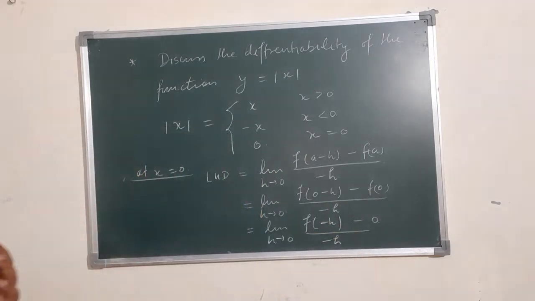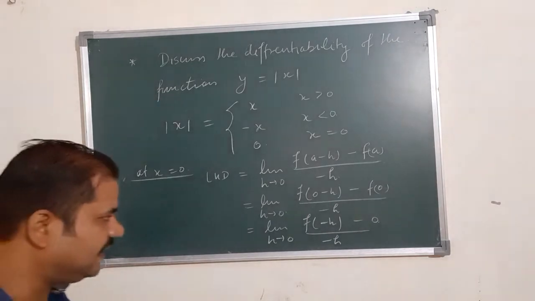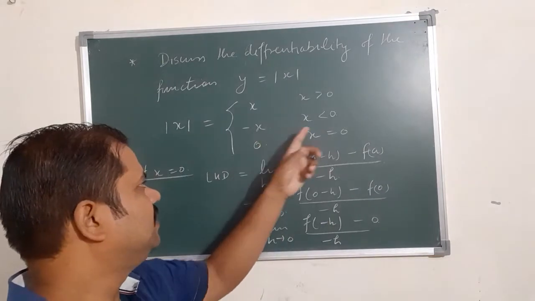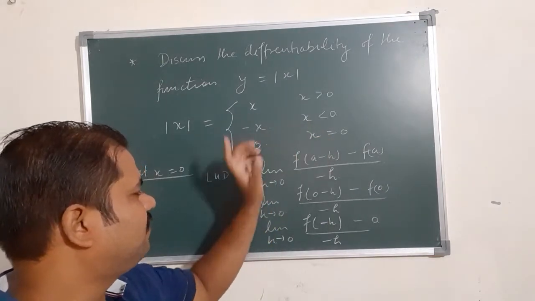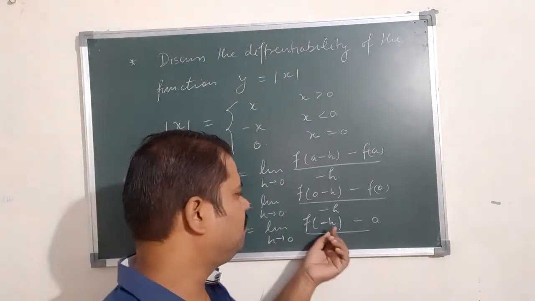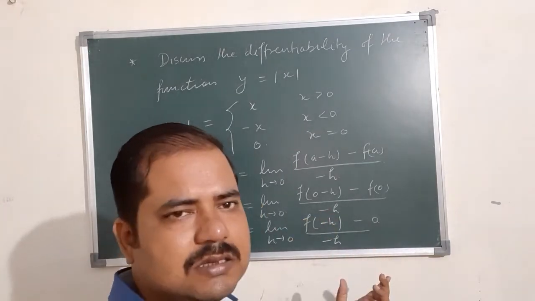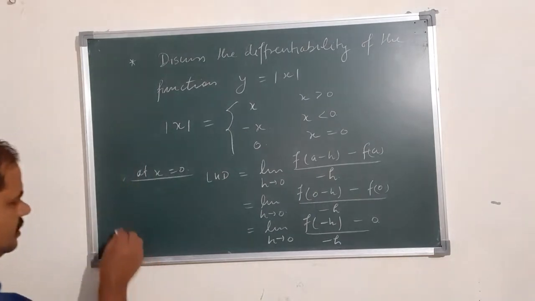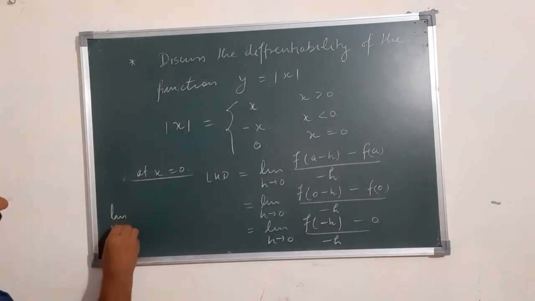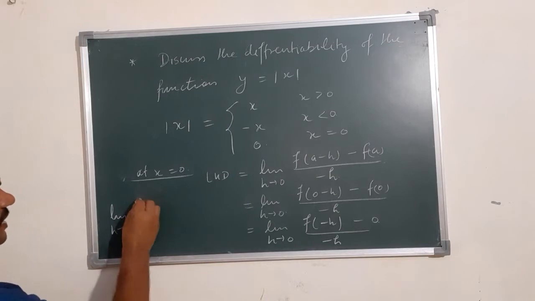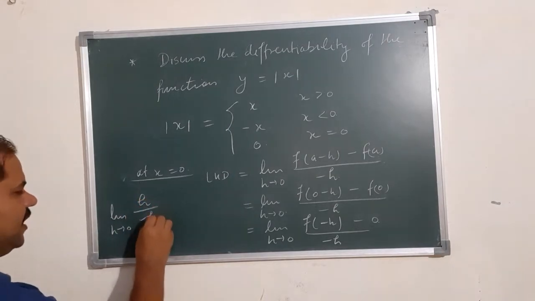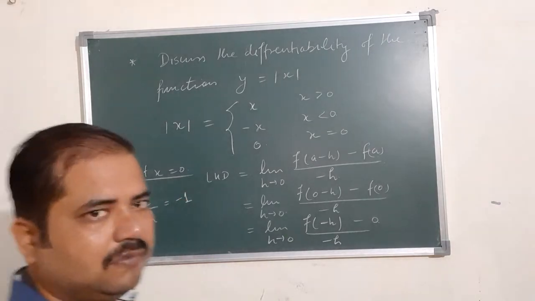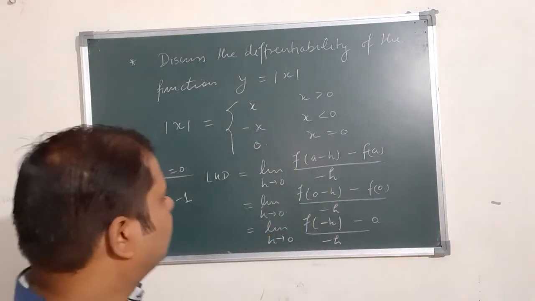And for f(minus h), as h is greater than 0, minus h is less than 0, or simply you can say if you put the value minus h in mod x, then it will be positive. So this is equal to limit h tends to 0, f(minus h) is nothing but h, divided by minus h, so this is minus 1. Okay, so note it down.